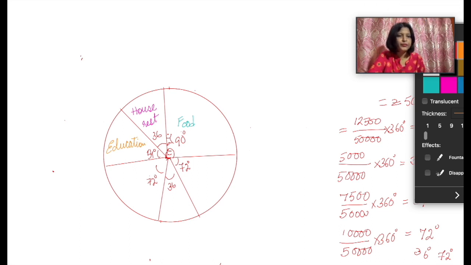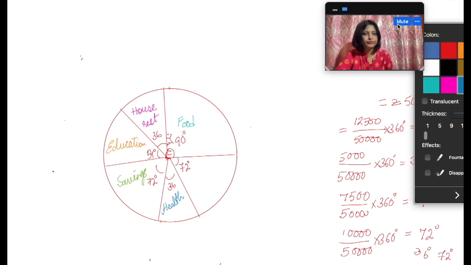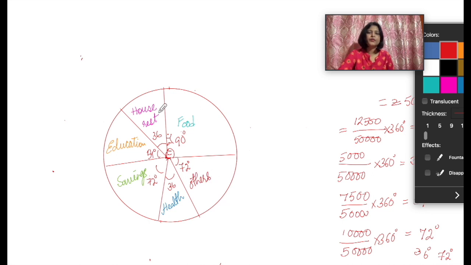The next represents savings. Then the other part represents health. And the last part represents others. So each of these sectors can be colored to make it look attractive. I hope the solution of this first question is clear to you.